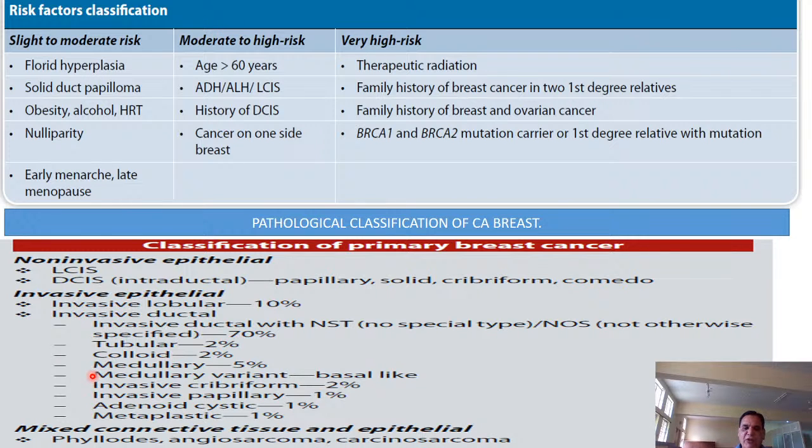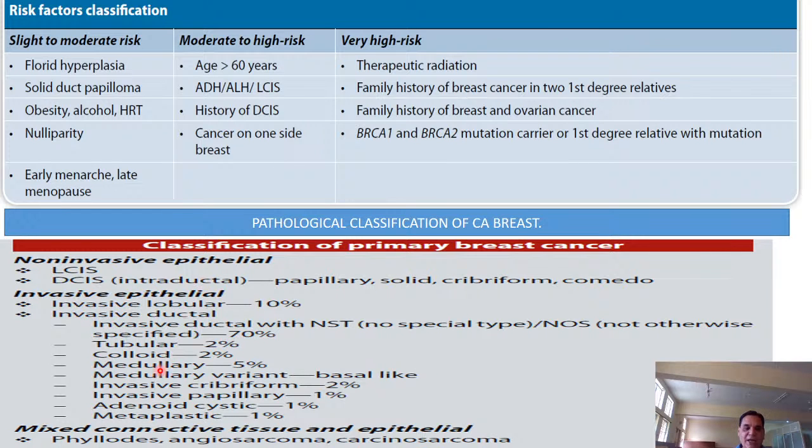Whenever this word medullary comes, it has very high pathogenicity. It is highly malignant and chances of survival are very dim. If you remember in thyroid, medullary carcinoma thyroid has the worst prognosis. Here also the medullary variant basal carcinoma has the worst prognosis.